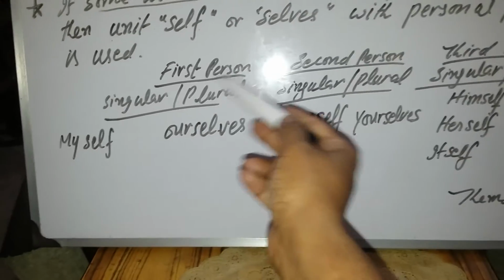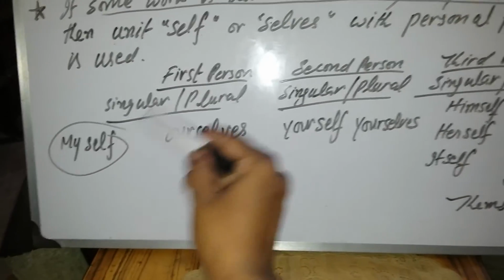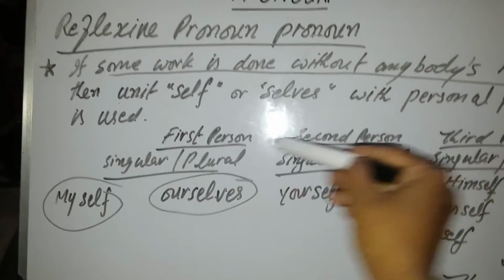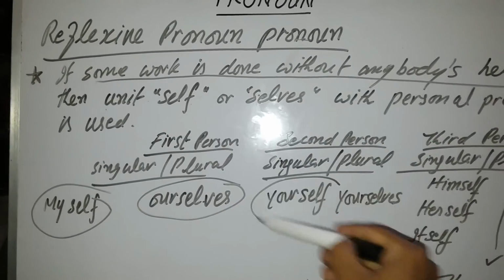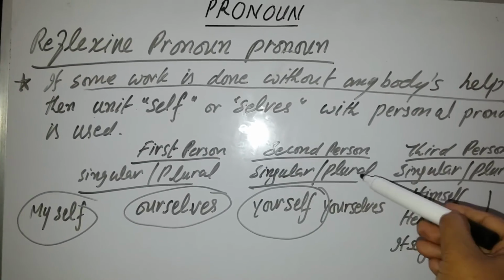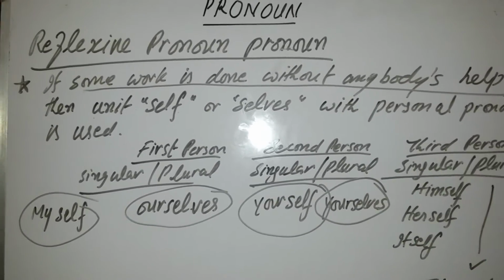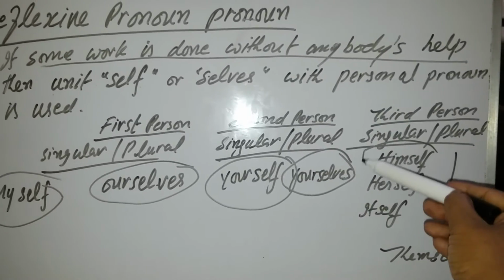Now this is first person singular and plural, second person singular and plural, third person singular and plural. First person singular reflexive pronoun, that is myself. First person plural, that is ourselves. Second person singular, that is yourself. Second person plural, that is yourselves. Third person singular, that is himself, herself and itself.